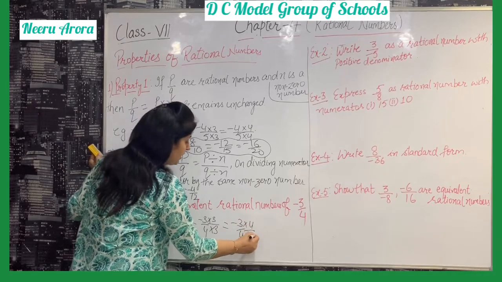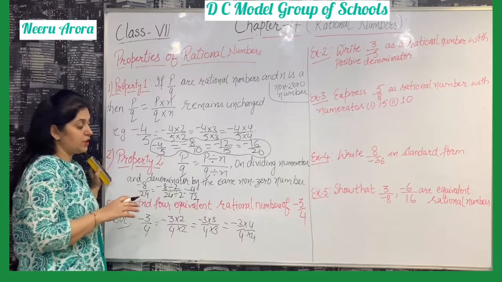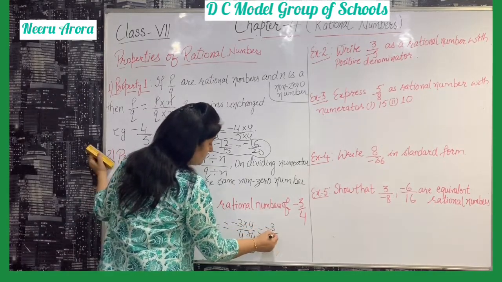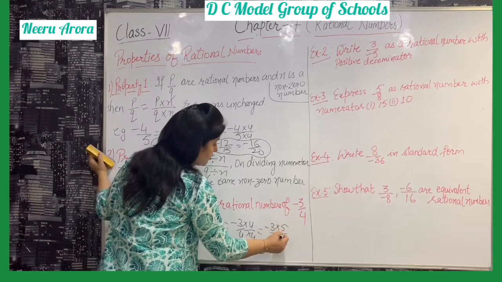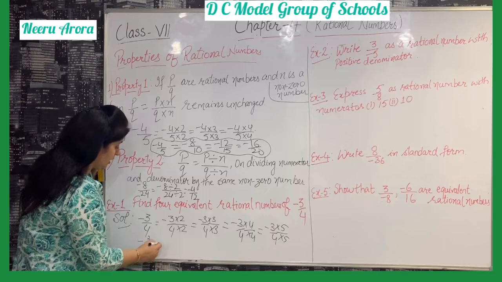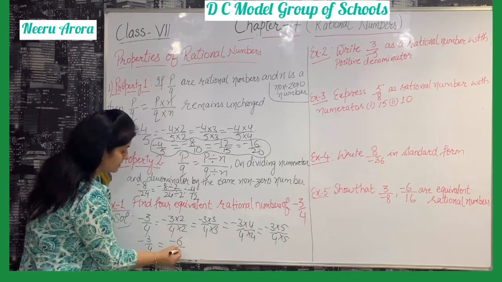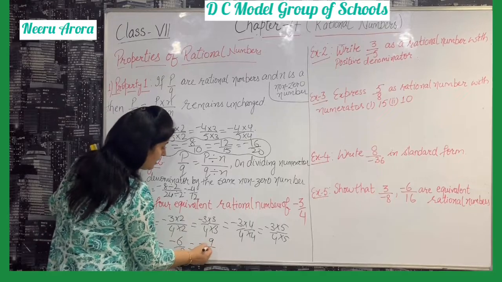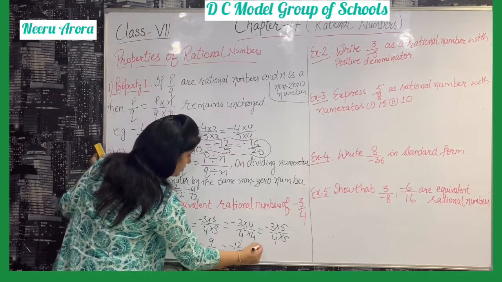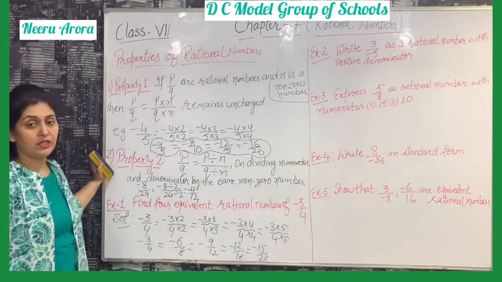But it should be very clear that the numerator and denominator must be multiplied by the same number. So minus 3 by 4 has these 4 equivalent rational numbers: minus 6 by 8, minus 9 by 12, minus 12 by 16, minus 15 by 20. All these are equivalent rational numbers.